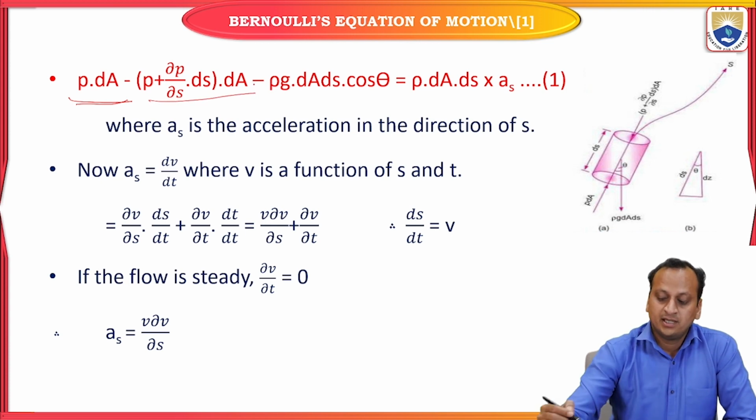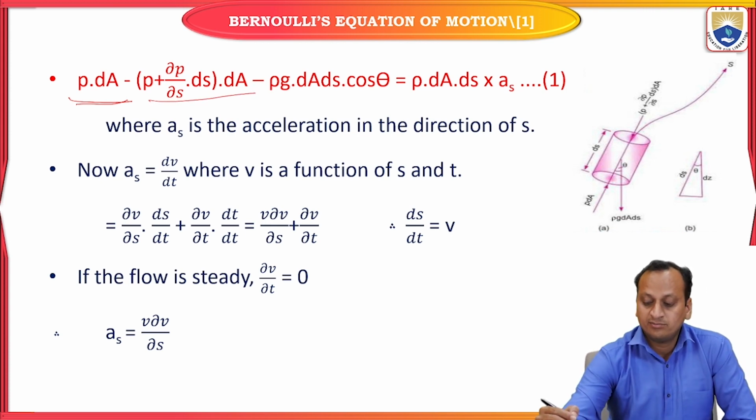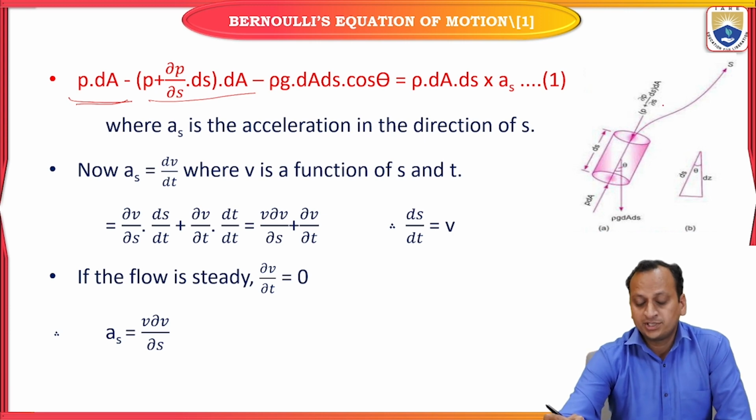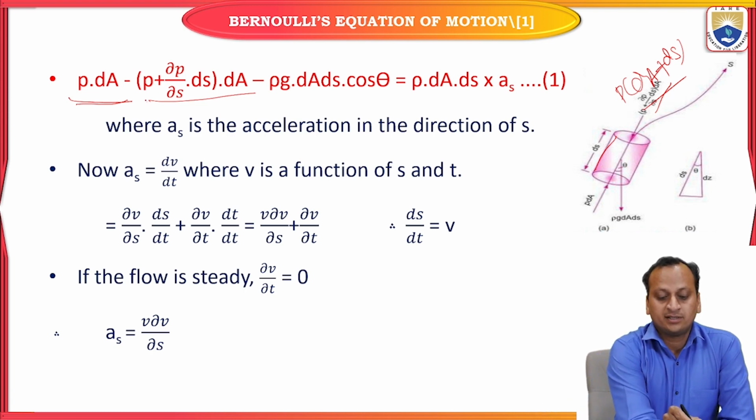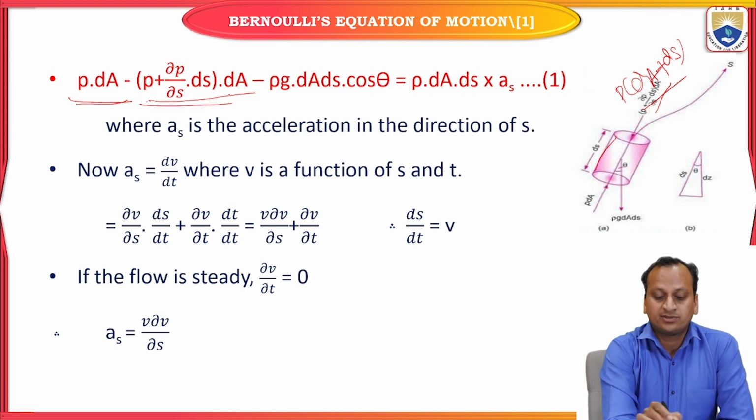This is achieved by utilizing Taylor's series. If you expand using Taylor's series at a distance of ds from the inlet, you can get P plus ∂P/∂s into ds into dA. So this acts in the direction opposite to the flow.